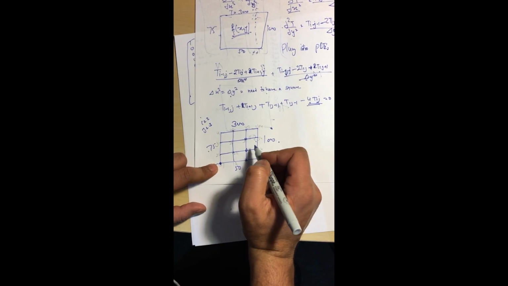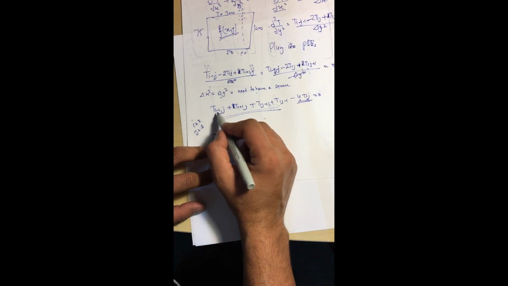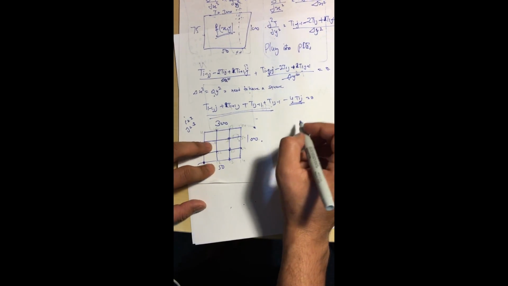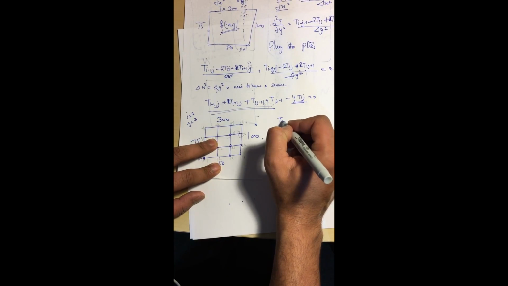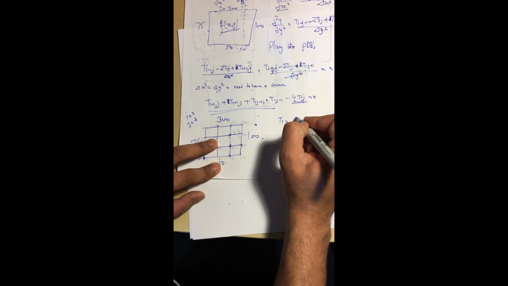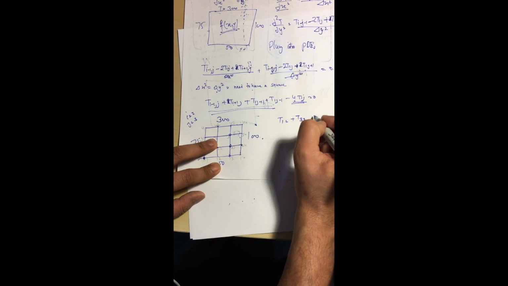To solve the interior point T22, we need to use this equation. So let's put 2 as i and 2 as j. We are trying to solve this, and what we'll get is T12 plus T32 plus T21 and T23 minus 4T22.